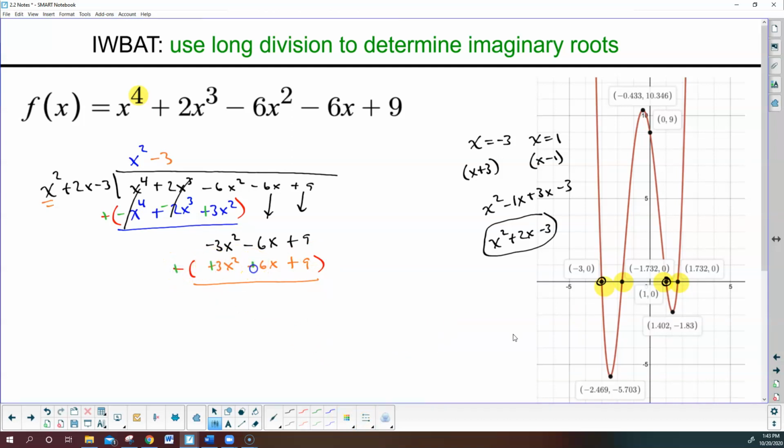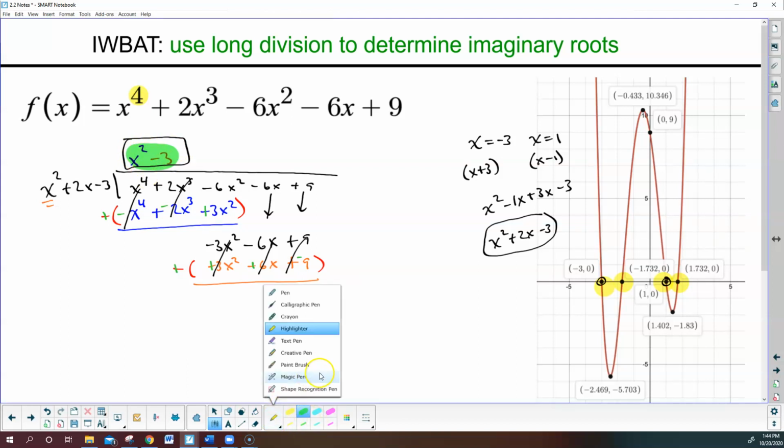That becomes addition, addition, subtraction, and add, add, add, remainder of 0, which means x squared minus 3 is left over, right? So if that's what's left over, this piece will have two solutions. And our goal is to solve them and figure out, are they real solutions or are they imaginary?